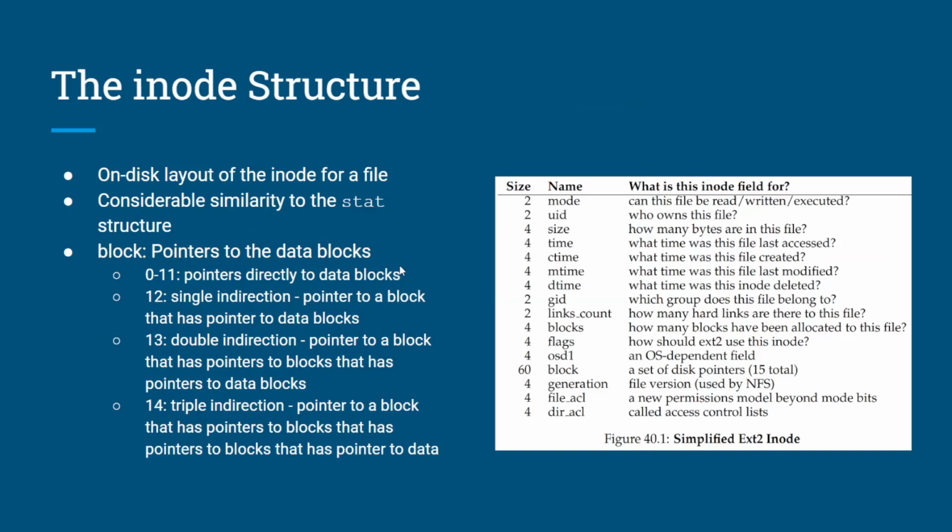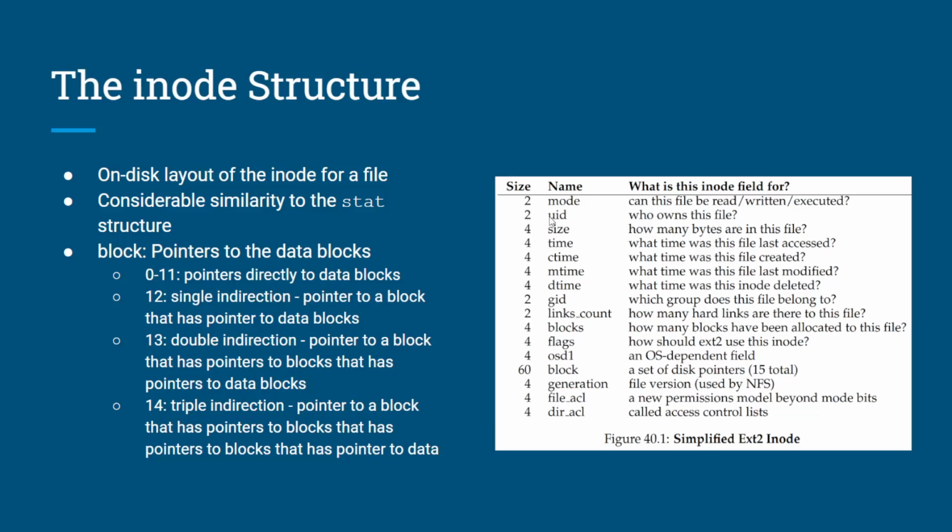I've shown you what the file structure within an operating system is, but let's see what that actually looks like on the storage itself. Every inode has a particular structure to it, and in this case, this structure looks very similar to the stat structure.